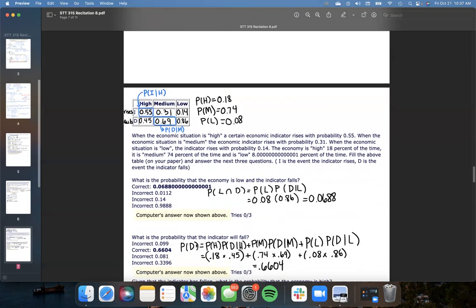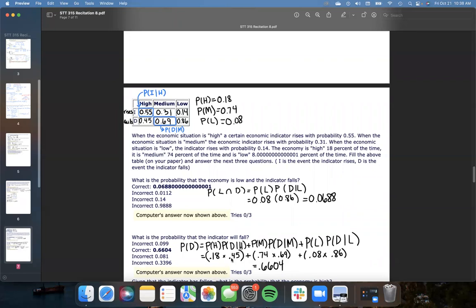What is the probability that the indicator will fail? Here, fail, remember, is D, the event that the indicator fails. So the probability of event D equals, using the law of total probability, the probability of H times the probability of D given H, plus the probability of M times the probability of D given M, plus the probability of L times the probability of D given L. The probability of H is 0.18.